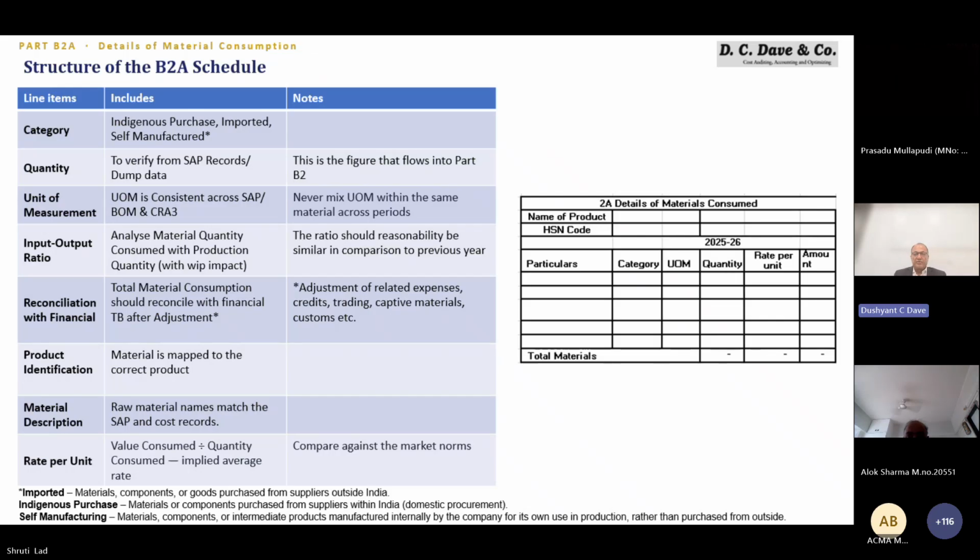CAS 1 to 25 are our main guiding principles, our cost accounting standards. Please follow them religiously. Each standard has been prepared after a tremendous amount of discussion and due diligence, and a lot of experts' opinion was taken before the Institute froze the standards.